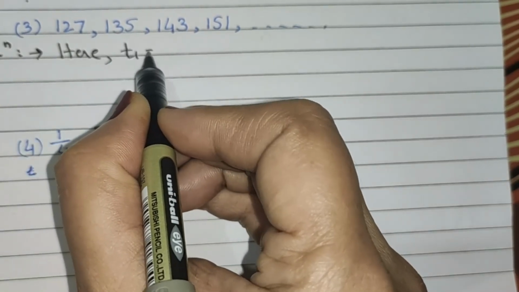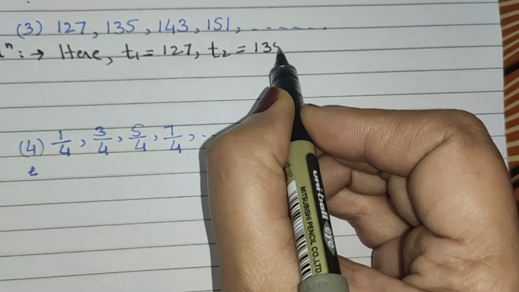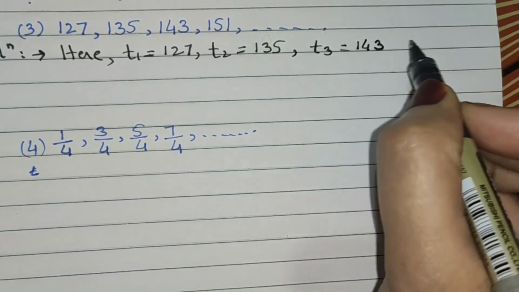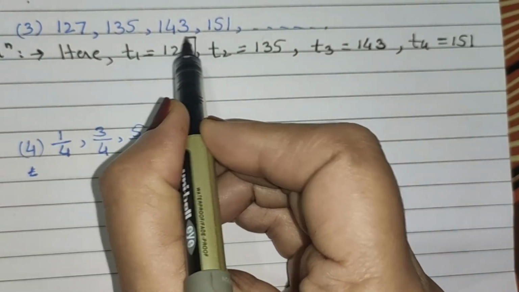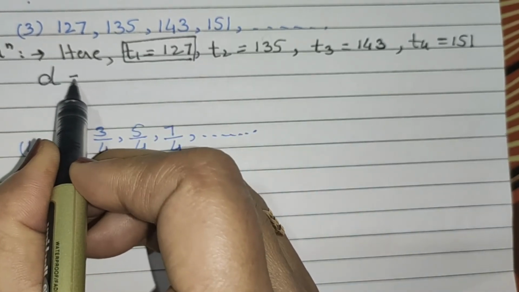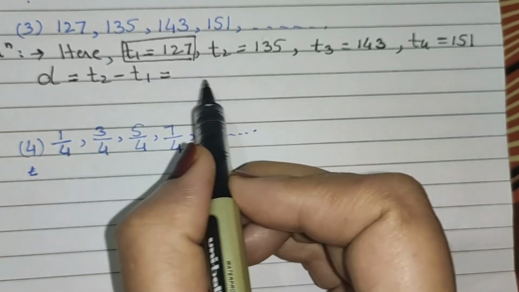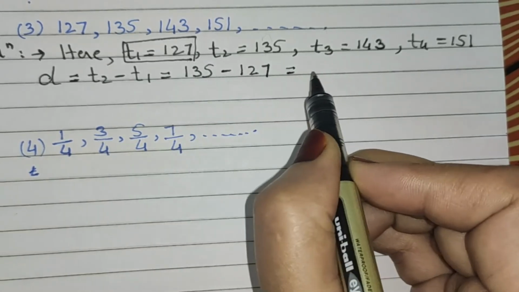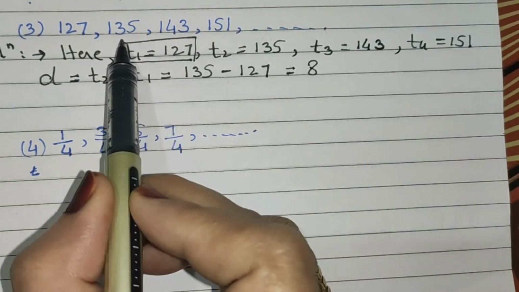First term T1 is equal to 127, T2 is equal to 135, T3 is equal to 143 and T4 is equal to 151. Now the first term, the value of T1, is 127. Find out the common difference. D is equal to T2 minus T1. Now the value of T2 is 135 minus T1 which is 127, which is equal to 8. Now T3 minus T2, again 8.